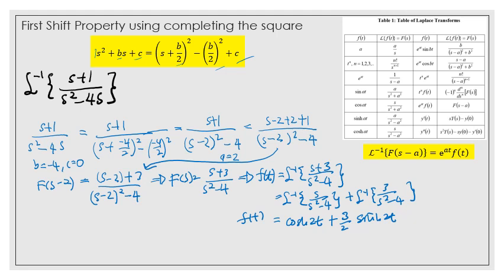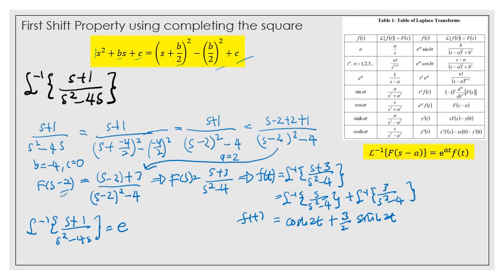Next, we want to find the inverse Laplace. Okay, so the inverse Laplace of the form here, we have converted it into the s minus a form using completing the square. So to get the inverse Laplace of this function, we solve by using the first shift property, which is equal to e^(at) f(t). So a equal to, we need to refer to the a here.